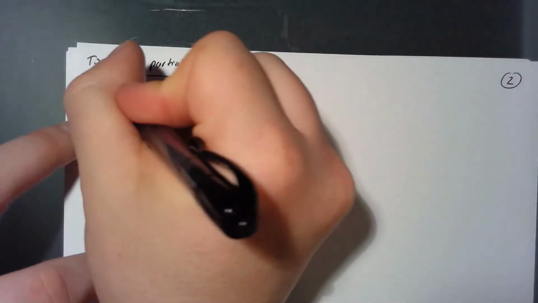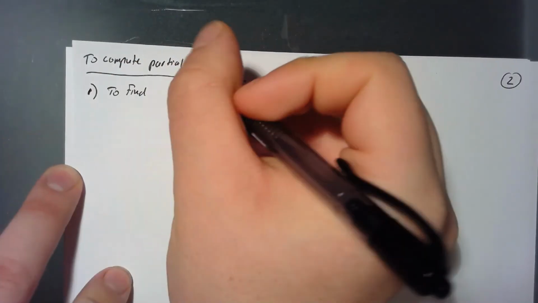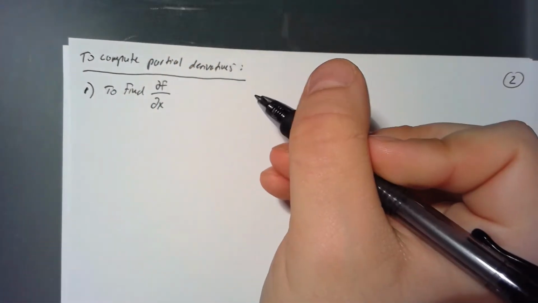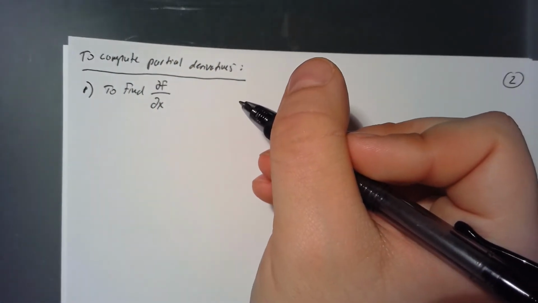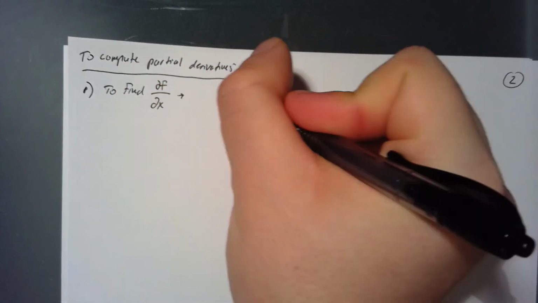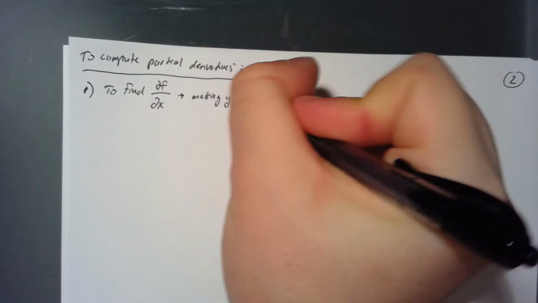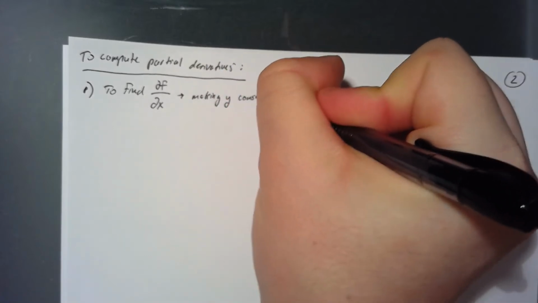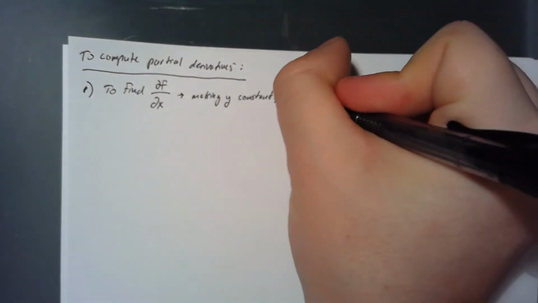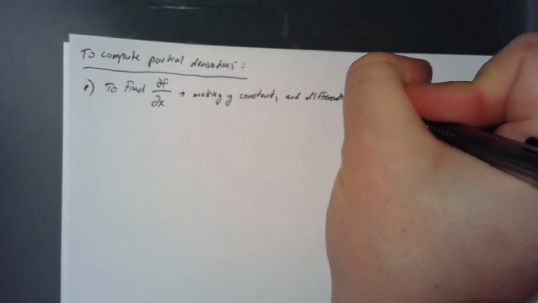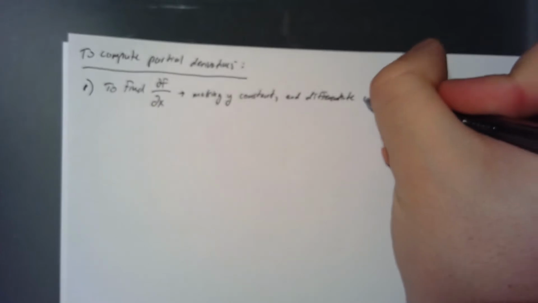To find the partial derivative of f with respect to x, you're making y constant and differentiating with respect to x.